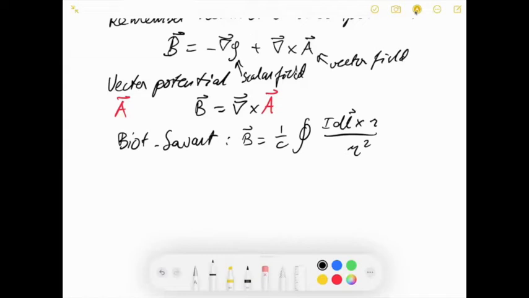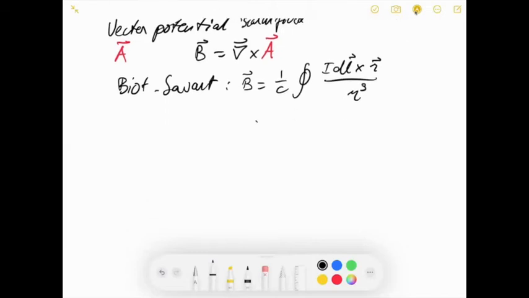Now I'm going to write it like this, and we can use the fact that the gradient of 1 over R is minus R vector over R cubed.